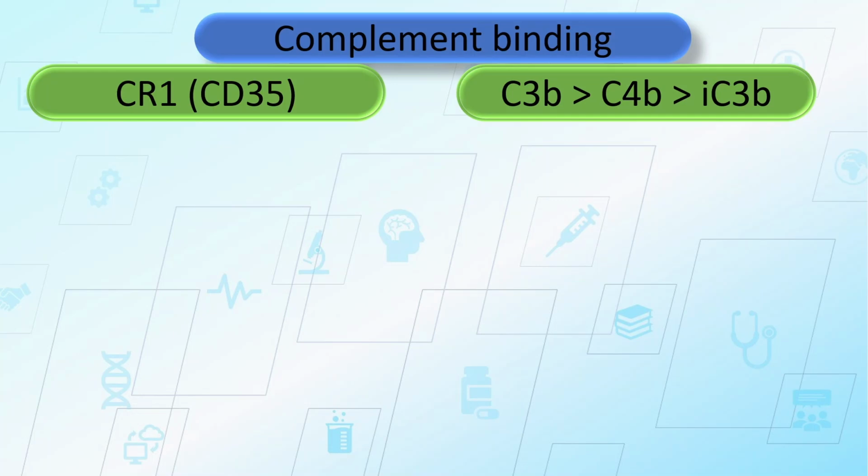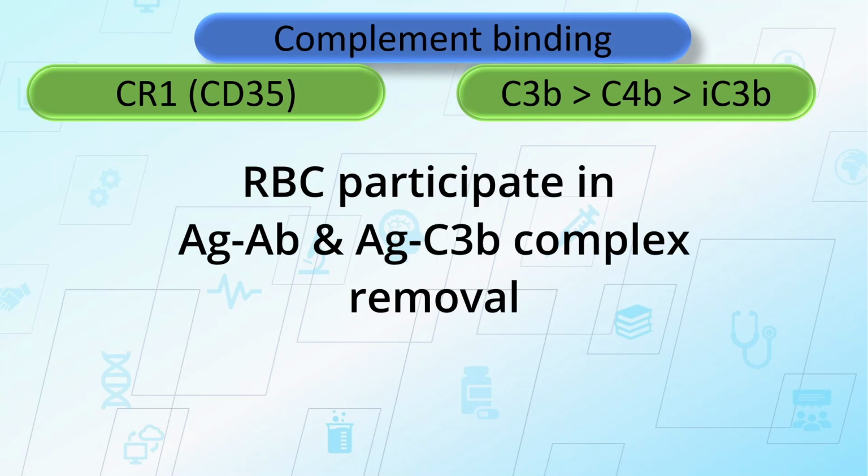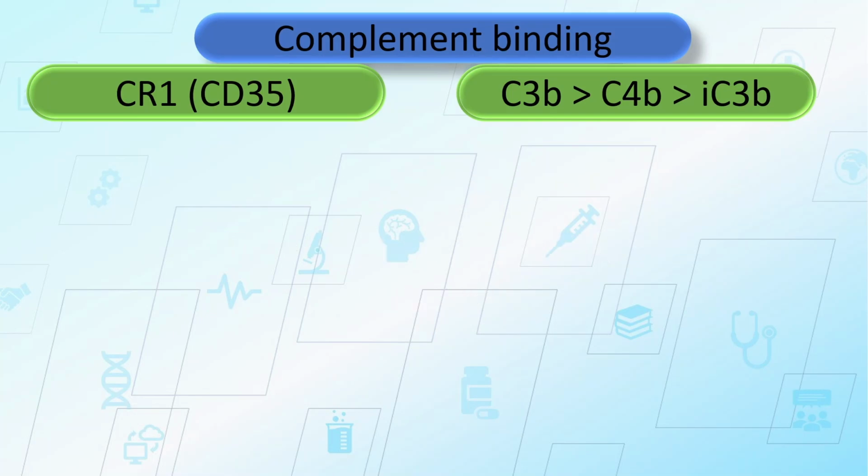If it's found, for example, in case of phagocytes and neutrophils, it will facilitate phagocytosis. And in case of erythrocytes, clearance of immune complex from the system or from the blood. So erythrocytes have a role in defense mechanism, since fairly they are large in number and they have this CD35 on their surface, and if they are in contact with antigen bound or covered with C3b, they will clear it from the system using this complement receptor 1.